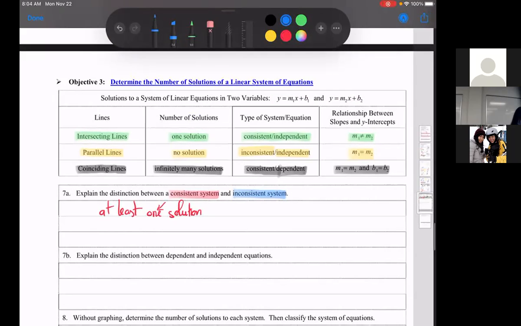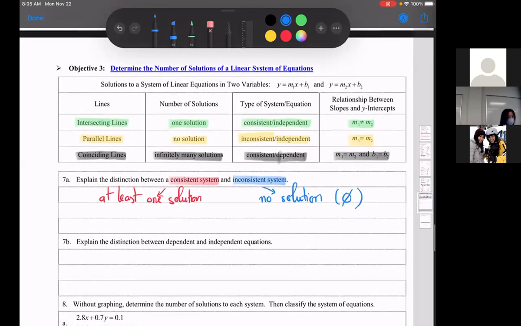If it's inconsistent, that means you have no solution. Sometimes people also write no solution as an empty set. I accept that also, the empty set.